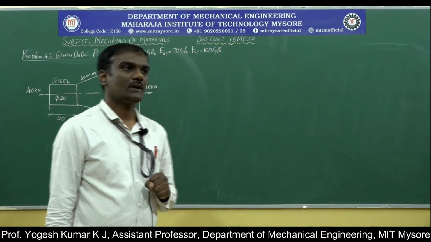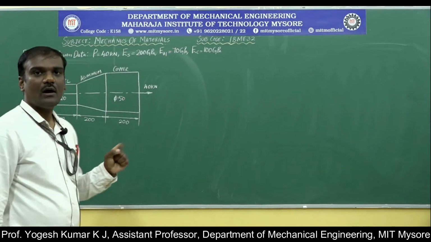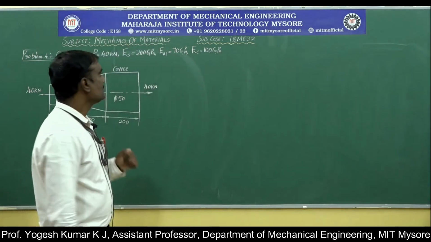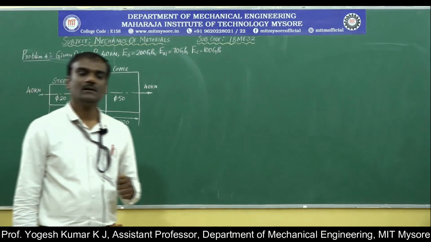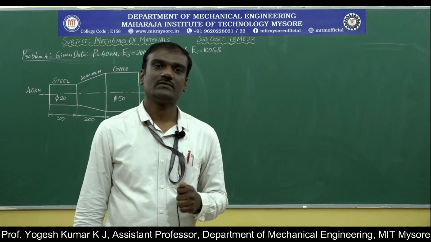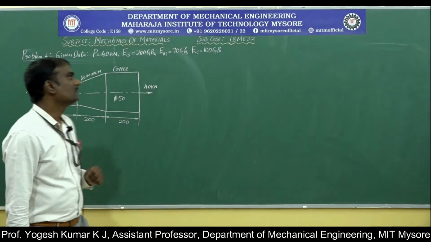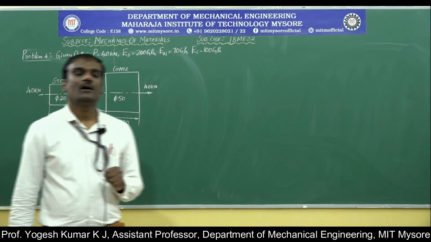Determine the total extension of the bar. Take Young's modulus of steel as 200 gigapascal, Young's modulus of aluminium as 70 gigapascal, Young's modulus of copper as 100 gigapascal. So this is a problem where we need to determine the change in length, or total extension, of the bar.